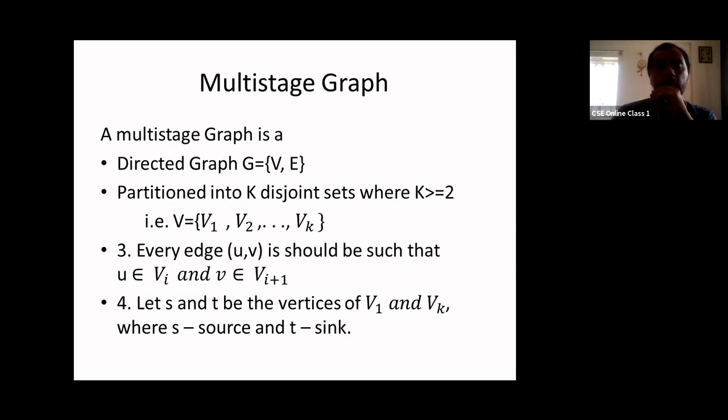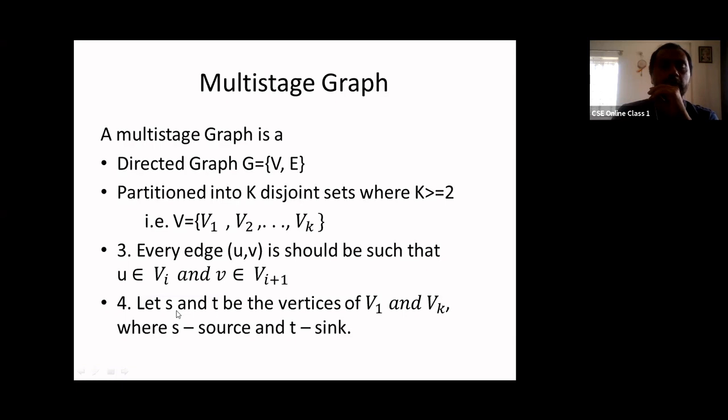Fine? Yes, sir. Then here we have single vertex stages: the first stage will contain a single vertex and the last stage will also contain a single vertex. That is, V1 will contain one vertex and the last stage, Vk, will contain one vertex.